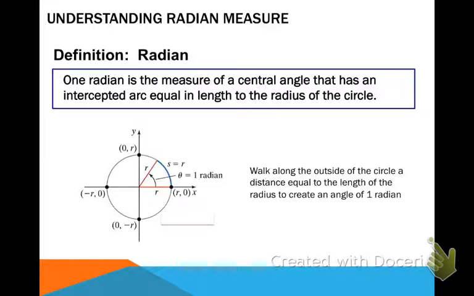If you start walking along the outer edge of the circle, let's say you start right here where your circle hits the positive x-axis, and you walk around the outside of the circle, and you walk a distance that's equal in length to the radius, you have just created an angle of 1 radian. So that's the definition of a radian.